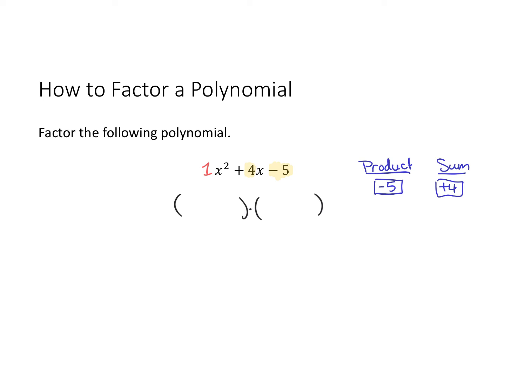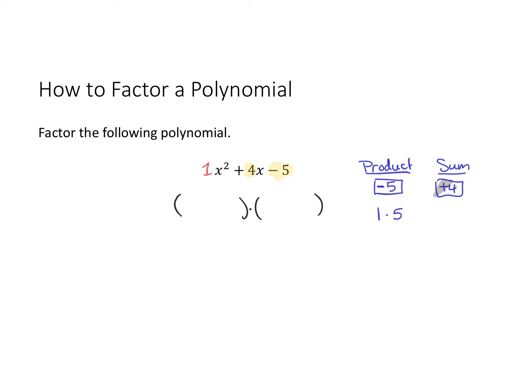So if we list factors of 5, since 5 is a prime number, the only factors are 1 times 5. But now here we have to consider the sign. So we know that if we multiply positive 1 times positive 5, that gives us positive 5. And we want a product of negative 5. So that means either the 1 has to be a negative or that 5 has to be a negative. So which factor you assign that negative sign to depends on the sum.